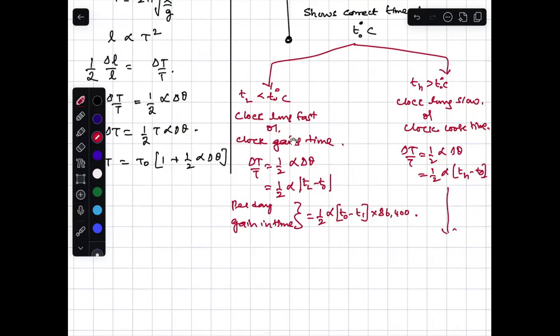So similarly here also, per day loss in time is the same, half alpha into (T high minus T naught), but loss per day. That's how we'll write loss per day, because it is all due to thermal expansion.